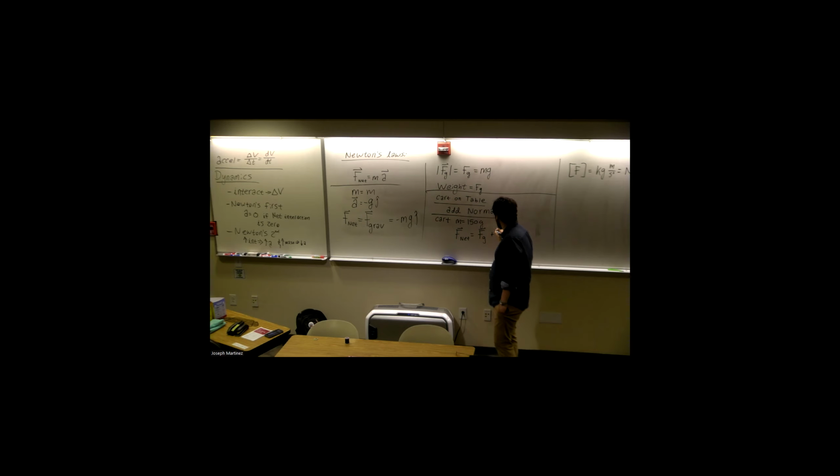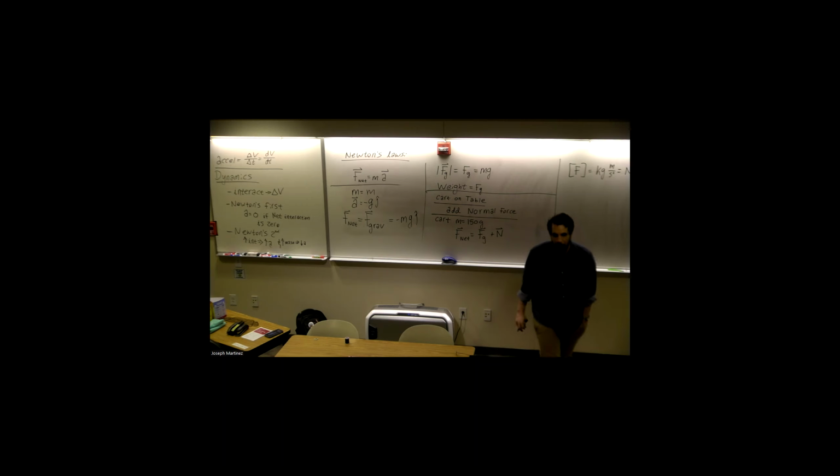So we say it is a combination of the force of gravity and the normal force. Does that sound good? Well, given the mass of an object, you can always find out what its weight is. You take that mass, you convert it to kilograms, you multiply it by 9.8 meters per second squared, and you can get the weight of the object. So the force of gravity is something we can find. Okay, we check that off the box.